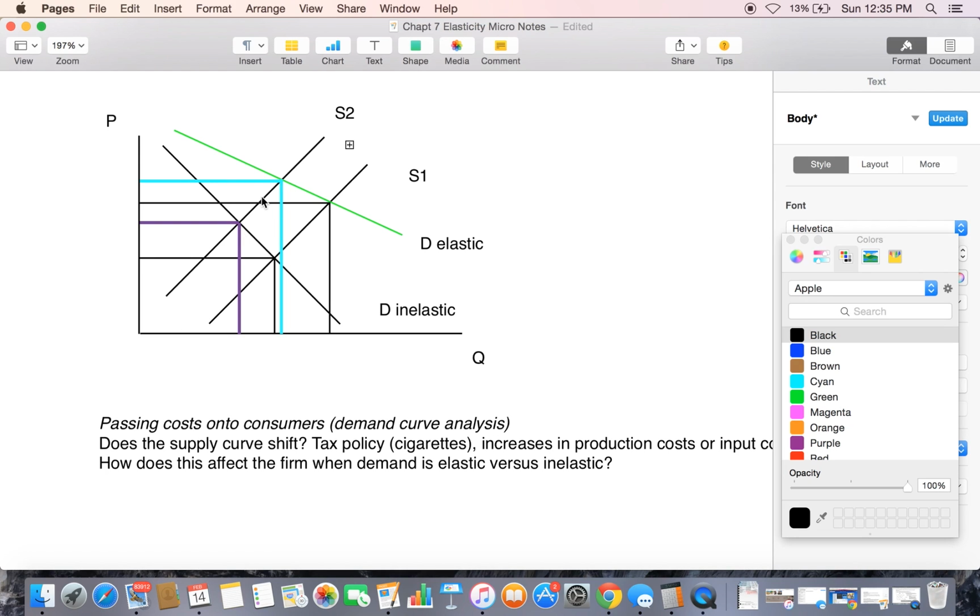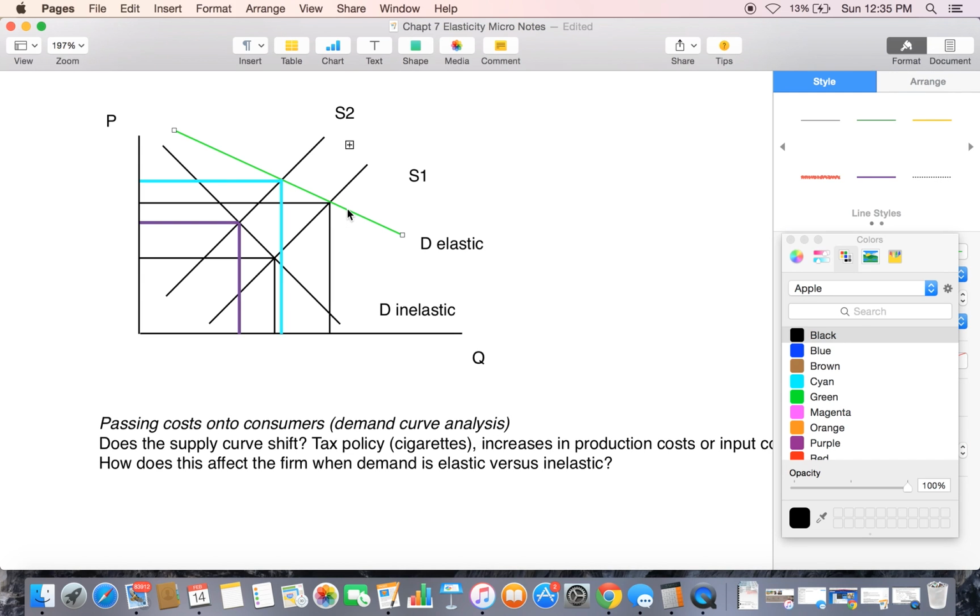So here we see that when we have a very elastic demand for a product, which means that given a small percentage change in price, the quantity demanded will be dramatically less, people will just not buy the product anymore. That increase in price is not as large when the tax is placed on those cigarettes, the same amount of tax in both situations.